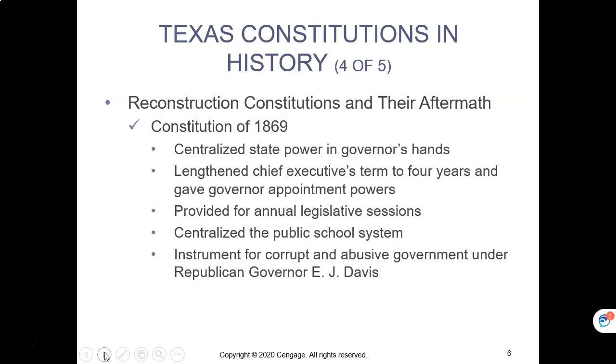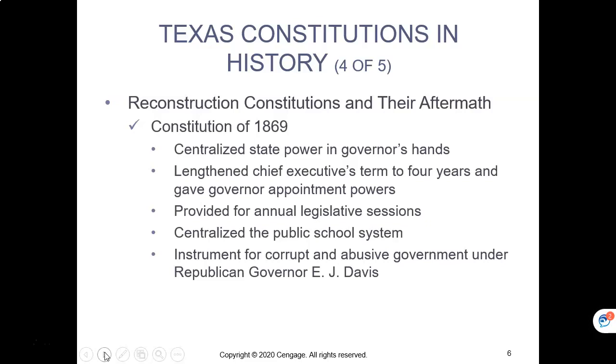And so people are sitting back and their hands are tied because they can't vote, and watching E.J. Davis tax and spend large amounts of money. If you tried to say something bad about E.J. Davis, he went to newspapers and tried to shut down newspapers that said bad things about him.